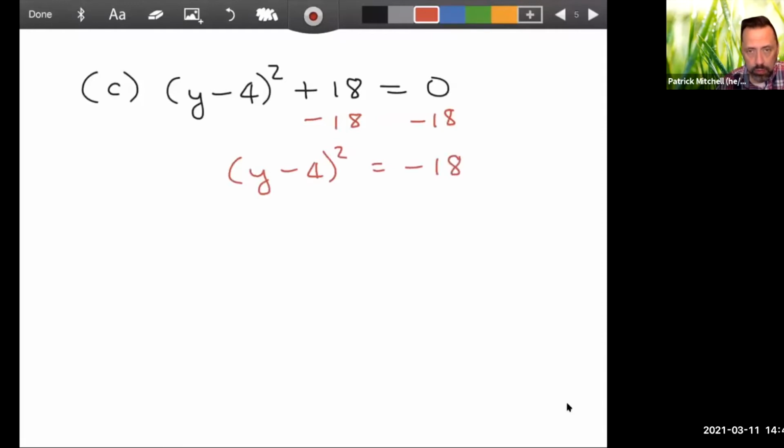All right, so if the square of y minus 4 is negative 18, that means y minus 4 has to be either the positive or negative square root of negative 18. Now, before you just put down your pencil and say, okay, that's not a real number, well, we now know about complex numbers.